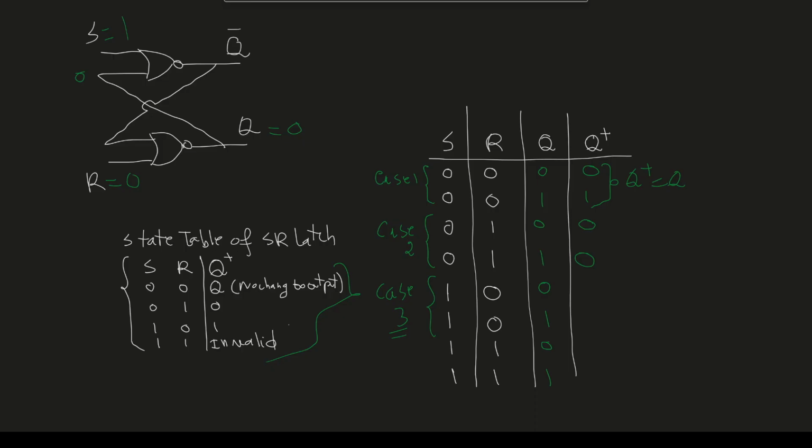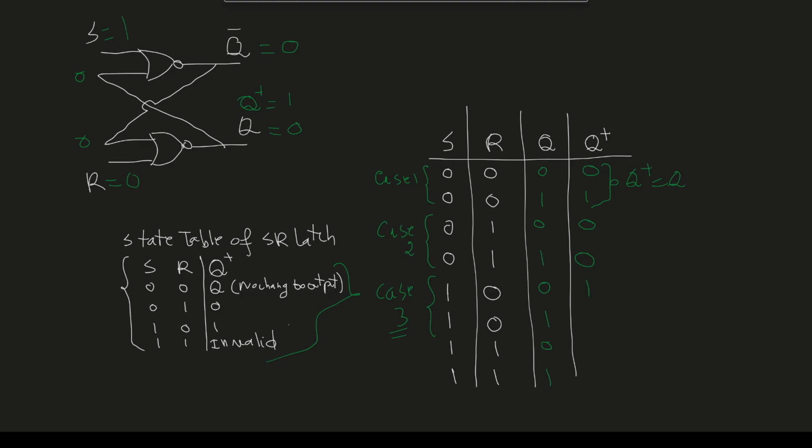So 1 NORed with 0, the output Q bar of the top NOR gate will be equal to 0. And then 0 will come here. So 0 NORed with 0, the output of the next state of Q, denoted by Q plus, will be equal to 1. So we'll have 1 here.